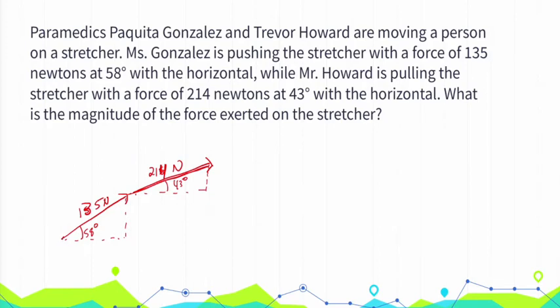The resultant vector here is going to be the sum of the x's plus the sum of the y's. So we need to break these down into the x and the y components. So if this is x and this is y, remember again our SOHCAHTOA.